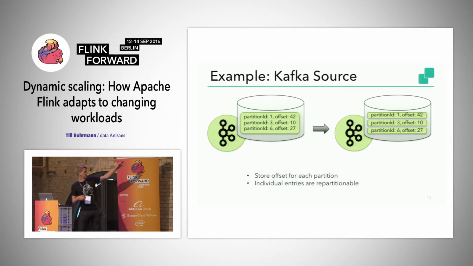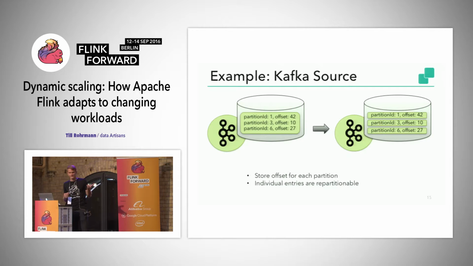So on the left side, we see how it was implemented in the past. There, every Kafka source stored the offsets for all partitions in just one blob, which it persisted when the checkpoint was taken via the state backends. But the system was not aware of the fact that there are actually multiple partitions stored in one blob; it just knew that this blob belonged to the specific subtask.